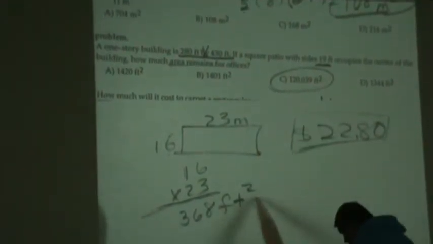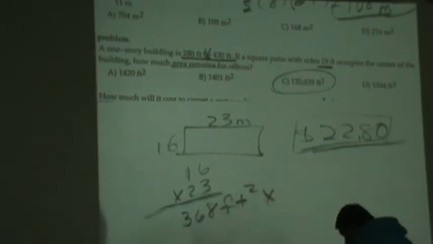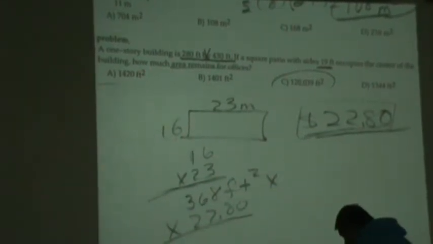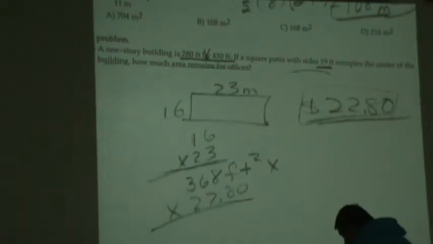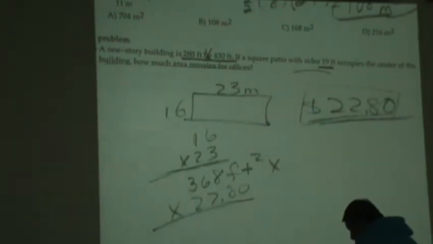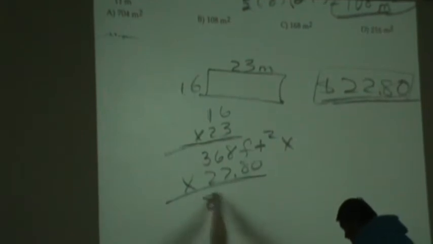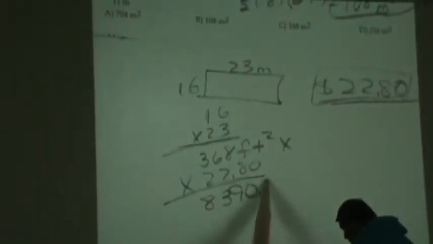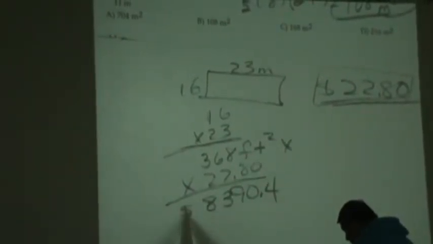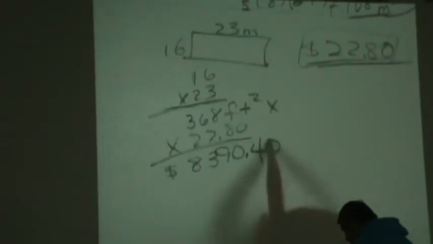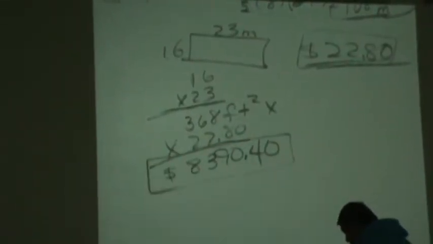So multiply it times how much it costs for every square foot. So 368 times 22.80. 8390. It doesn't say a zero after it, but it's in dollars, so you add the zero. 8,390.40.